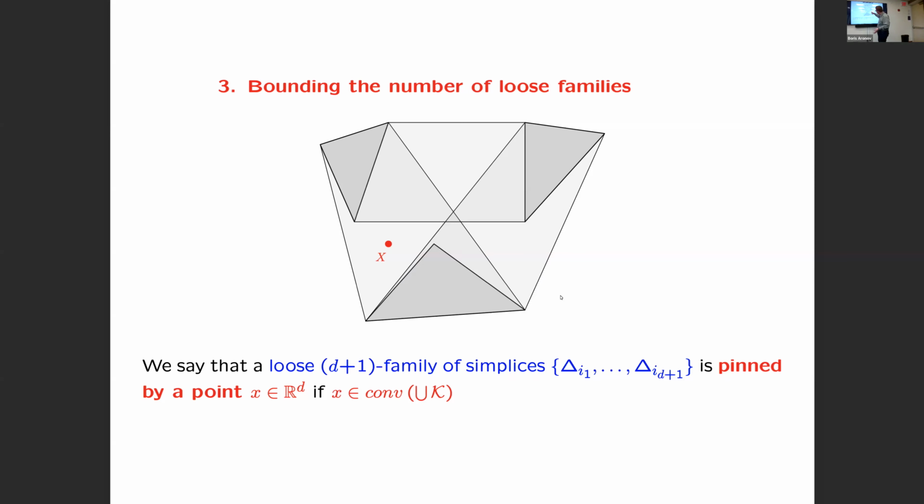If you consider all the partial convex hulls of d simplices out of the d plus 1 simplices in question, there is going to be some common intersection, so there is not going to be any hole in the middle.